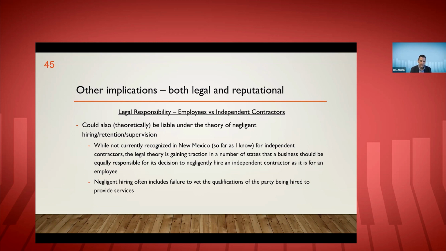There's other means of liability that I'll just kind of gloss over here for employees and for independent contractors, but especially for employees. If you hire them as employees and you don't do a good job of vetting them, checking their background, and then they do something that would have been predictable had you checked their background, you could be liable under negligent hiring.